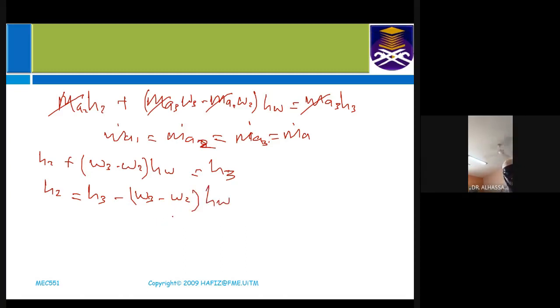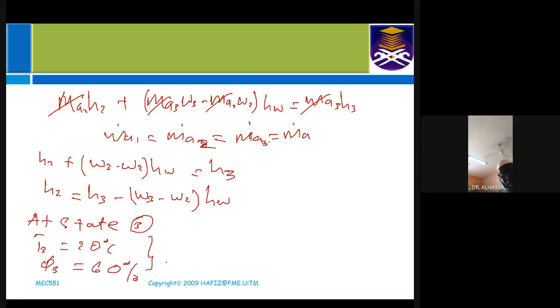Okay, so we can easily determine the properties at state 3. At state 3, we know the temperature T3 equals 20 degrees Celsius, Phi3 equals 60%.